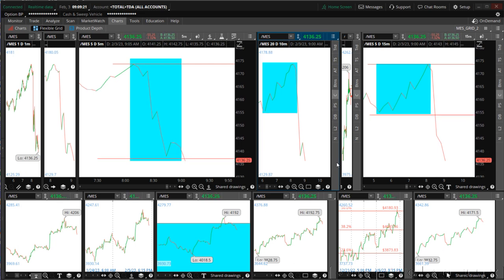Right now on the 5-minute chart, we're breaking that support. Now, if we break that support, what is that called, David? It's called a bottom what? We're breaking the bottom.